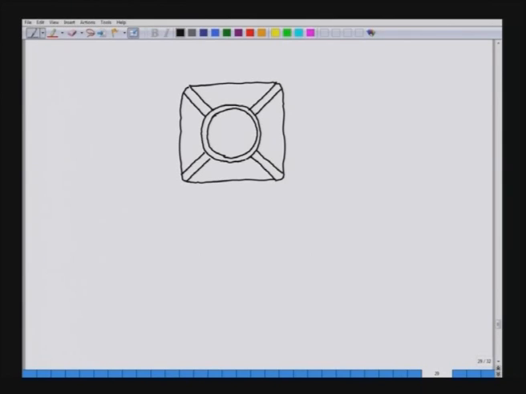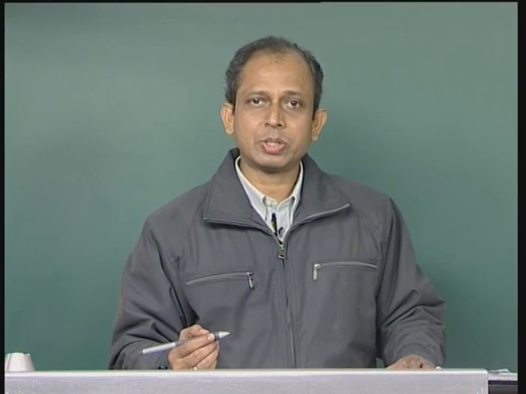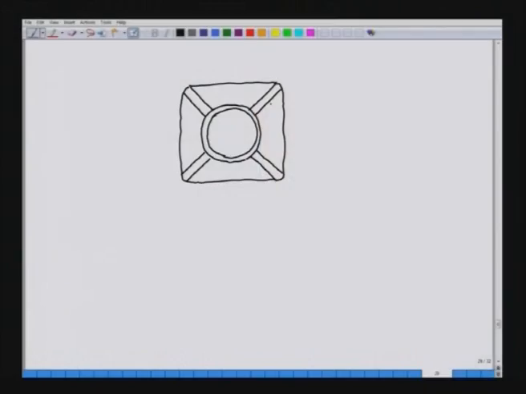So, we can have these four magnets here, and the polarities of the magnets can be suitably arranged. For example, this could be a north pole, this could be a south pole. This is a magnet. Similarly, this is a magnet, and we can have a north pole here and a south pole here.